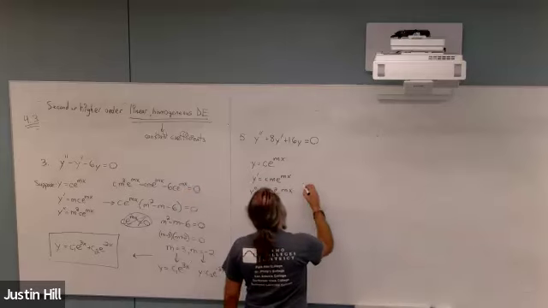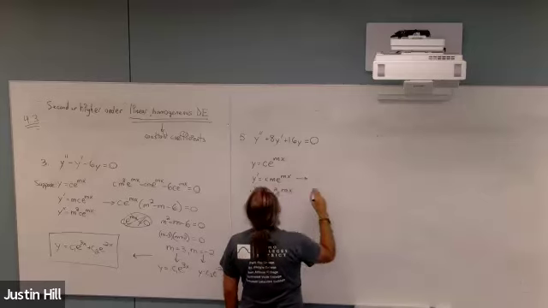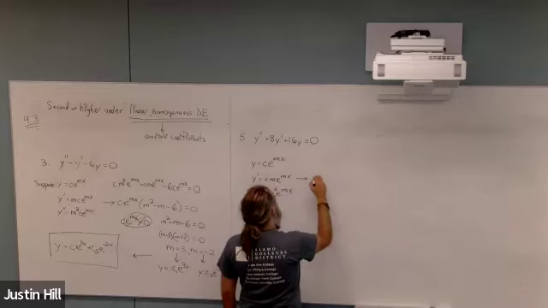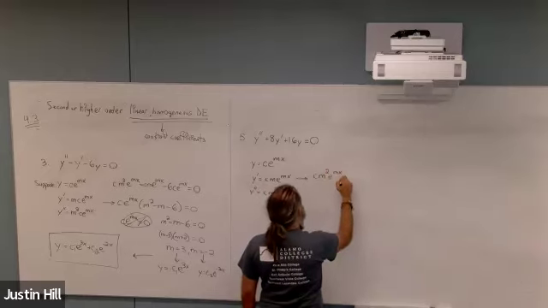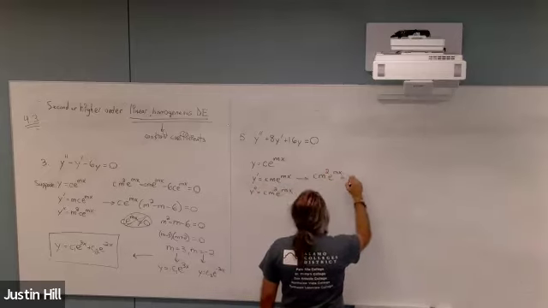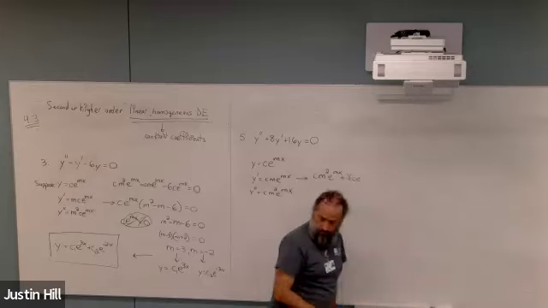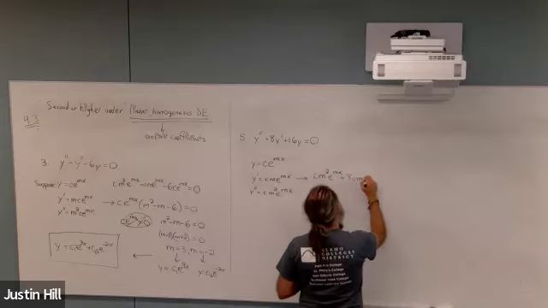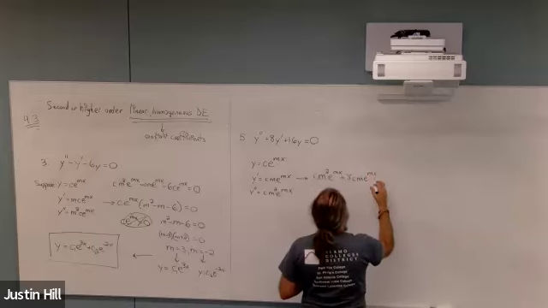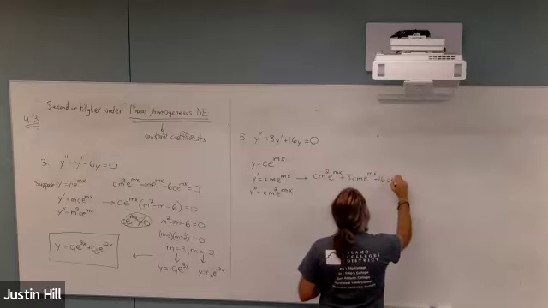So then what I want to do is plug this in. So we end up with c m squared e to the mx plus 8c m e to the mx plus 16 c e to the mx.